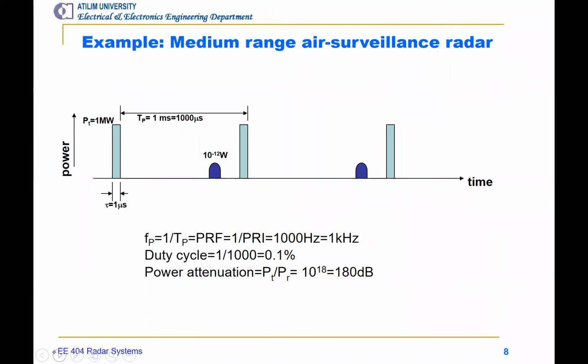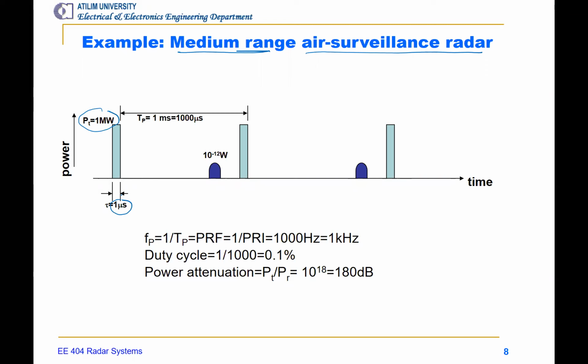Here is an example where we got realistic values of the parameters for a medium range air surveillance radar. Okay, you see the peak power is on the order of megawatt, 1 megawatt. And the duration of the pulse is on the order of microsecond, so 1 microsecond.